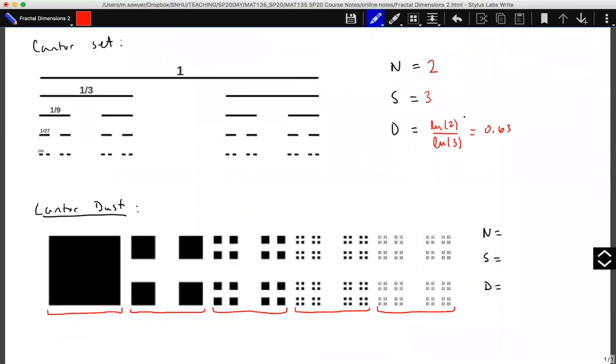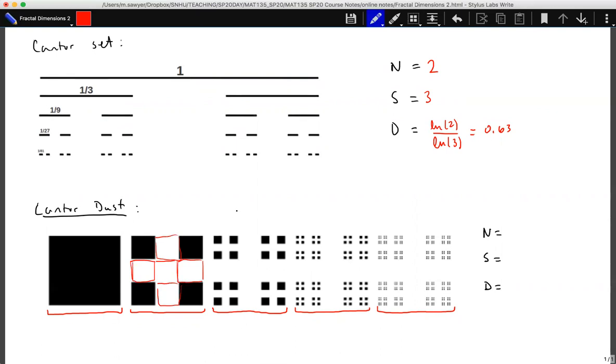Now for the Cantor dust, we take a square and we remove the middle third square on each side and the center as well. So we leave only the corners. So we take out 5 squares, the middle cross pieces, at each turn, leaving only the corners.